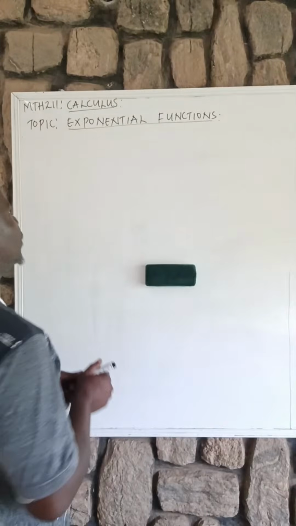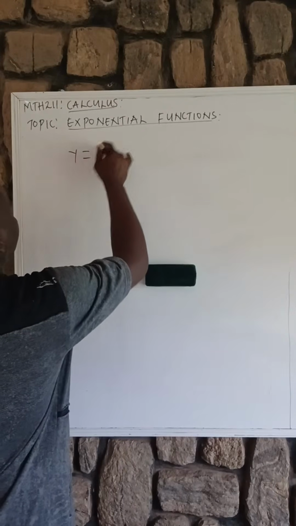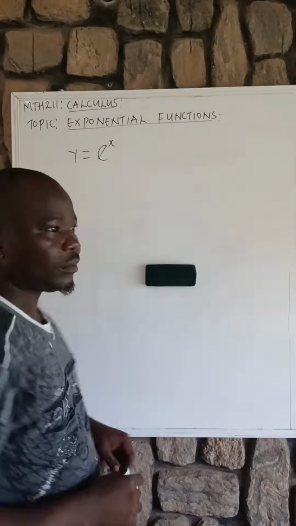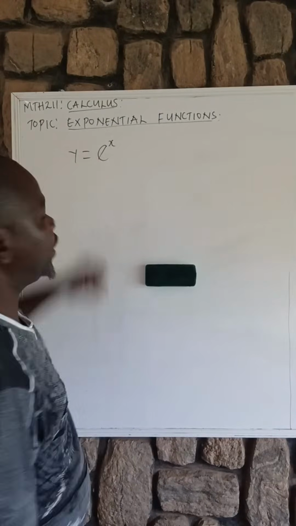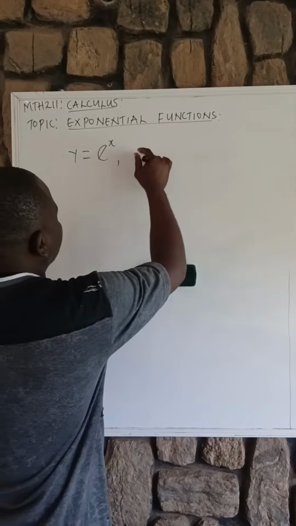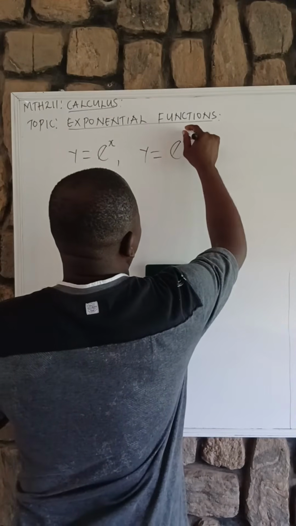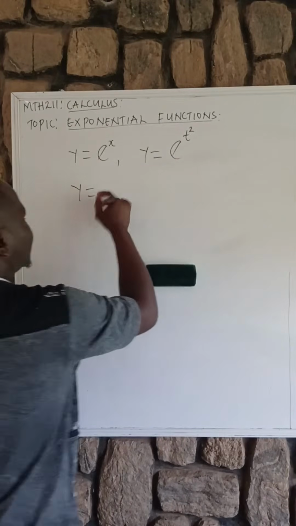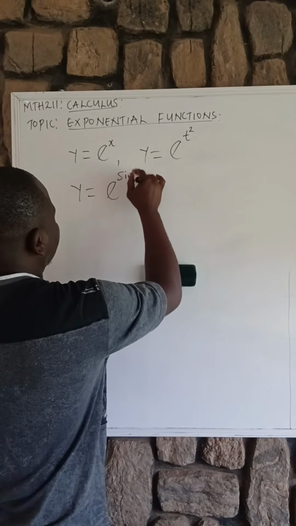Exponential functions are of this form when we have y equals e^x. We call these exponential functions. Is that clear? Sometimes you will see y equals e^(t²). Sometimes you will see e^(sin 2θ).